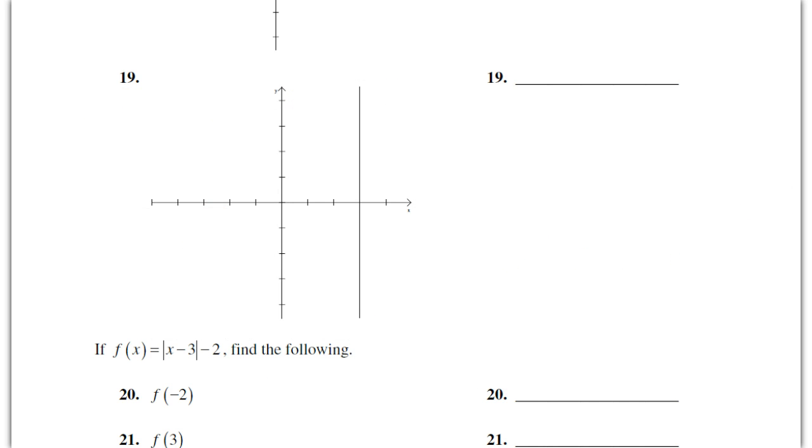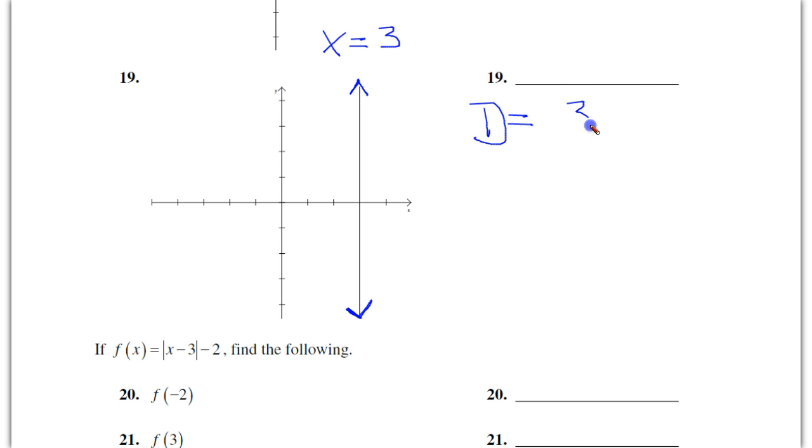Now for number 19, again, this is an equation. As a little review, it will be x equals 3, which is a vertical line going through 3. So for domain, what value do you have? Well, you only have the 3.